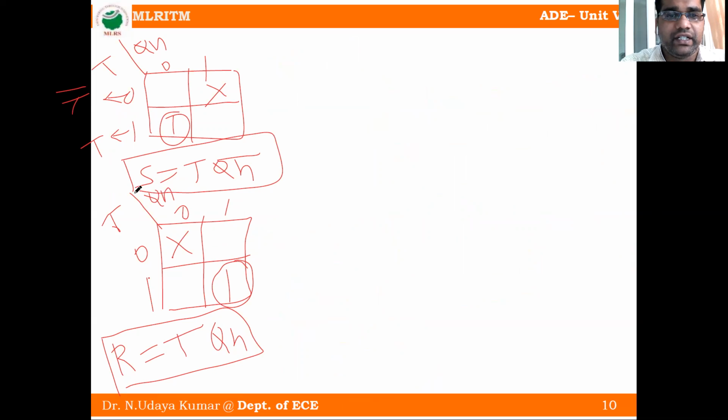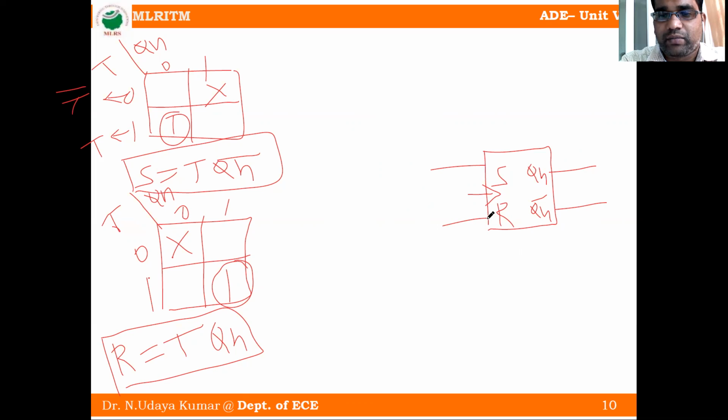Now we will design. We have an SR flip-flop. So the SR flip-flop is like this: inputs S and R, one output Qn and one Qn bar, and a clock will always be there. Now, how do we get T from the SR flip-flop?